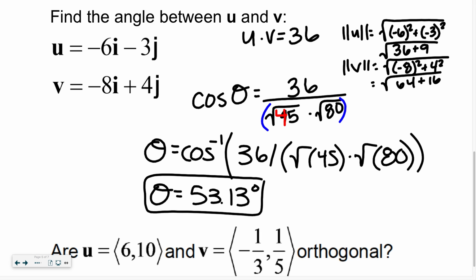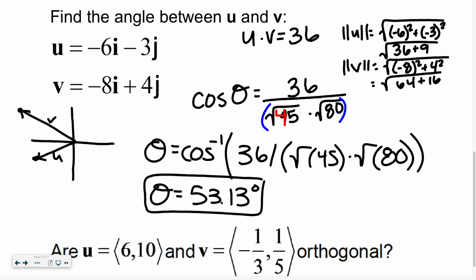Okay, now just really quickly to make a connection, I'm going to graph these two vectors real fast. U is negative 6i minus 3j, so from the origin in standard position, that would be 6 to the left and 3 down. So there's U. V would be negative 8i plus 4j, so somewhere in quadrant 2.